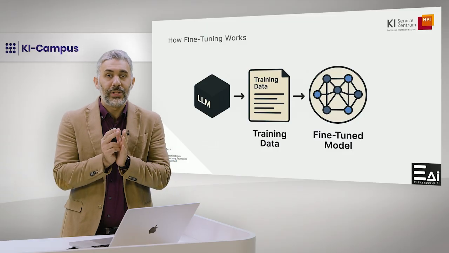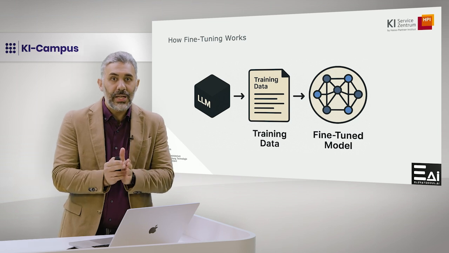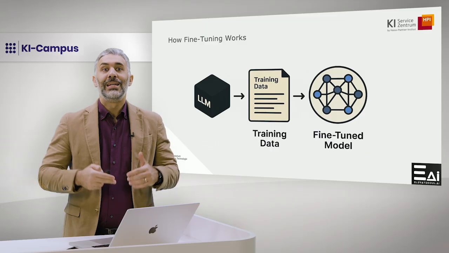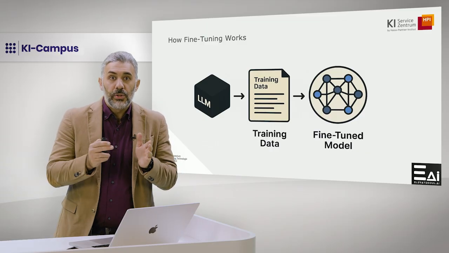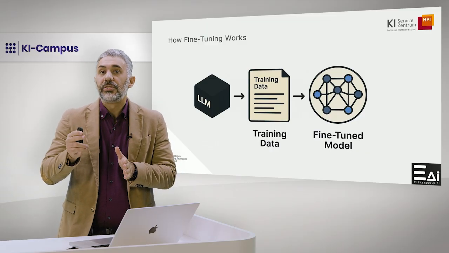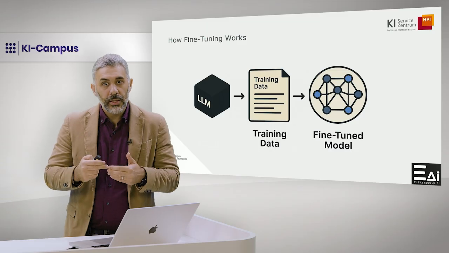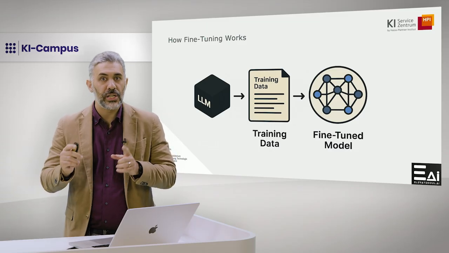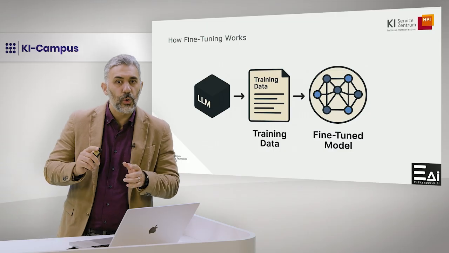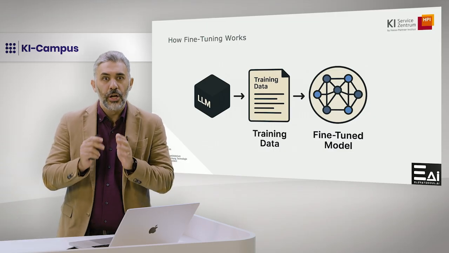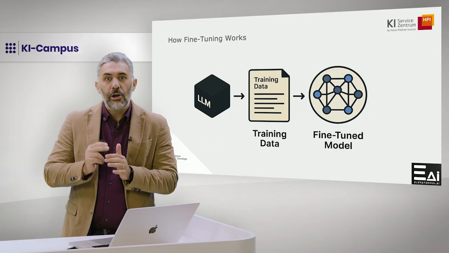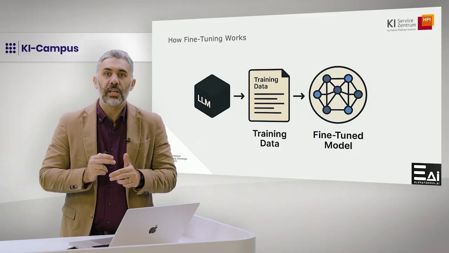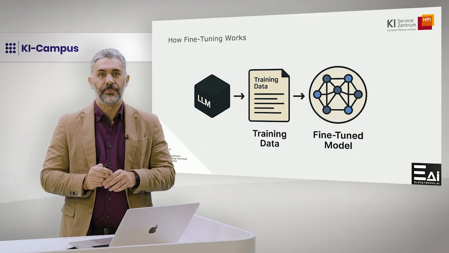We begin with an existing LLM that already understands language, reasoning patterns, and general knowledge. The second step is to provide high-quality examples for a specific task. The model is shown input-output pairs, questions and answers, instructions and responses, or domain-specific conversations. Through training, it learns to mimic the structure, style, and reasoning found in these examples.